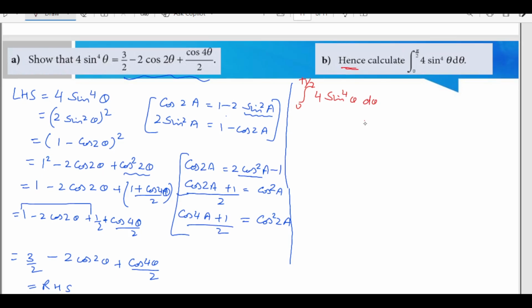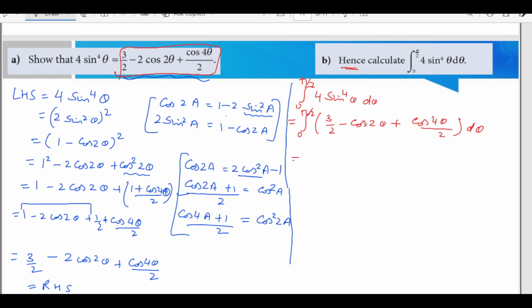I will just write everything again: the integral from 0 to pi by 2 of 3 over 2 minus 2 cos 2 theta plus cos 4 theta over 2, d theta, taking the whole thing as it is.